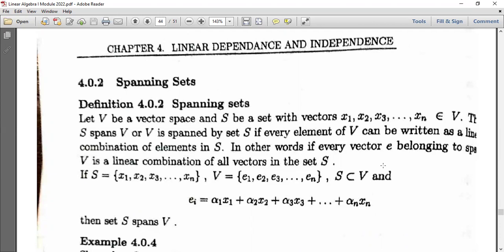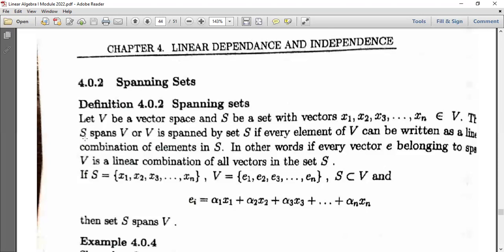Now, let's define what we mean by a set S spanning the vector space V. Let V be a vector space and S be a set with vectors x1, x2, up to xn.